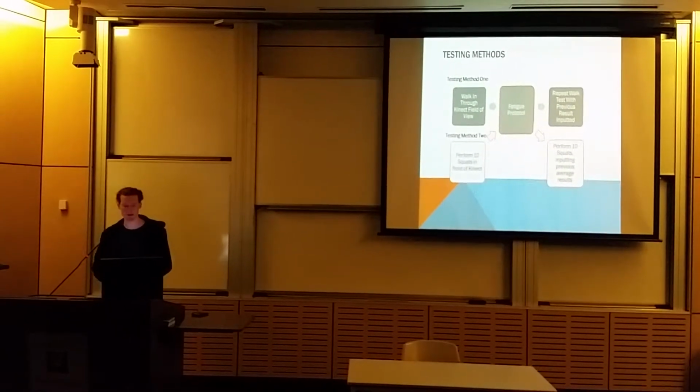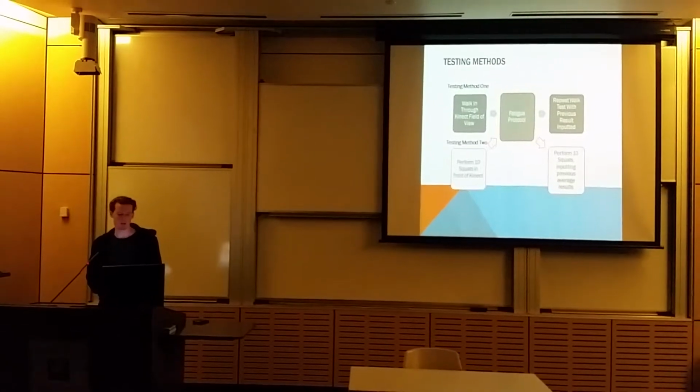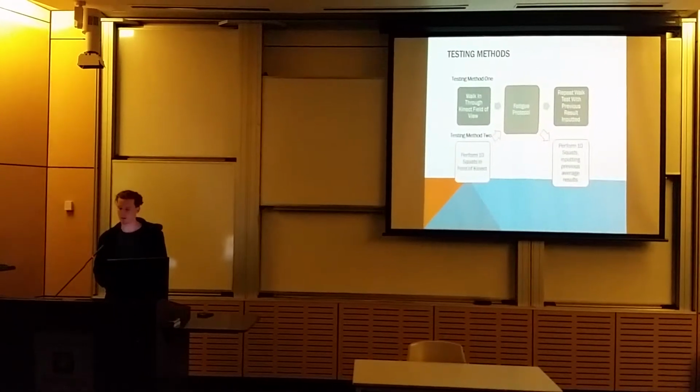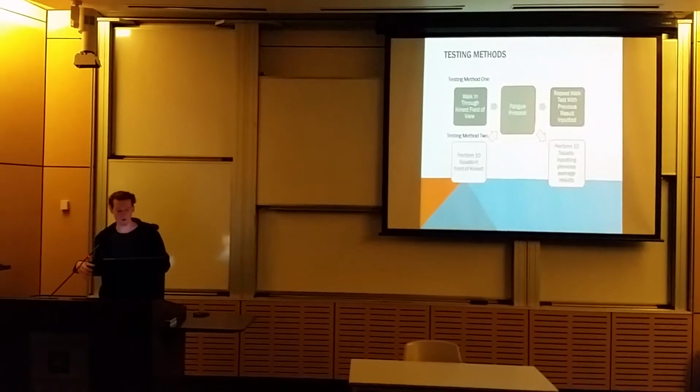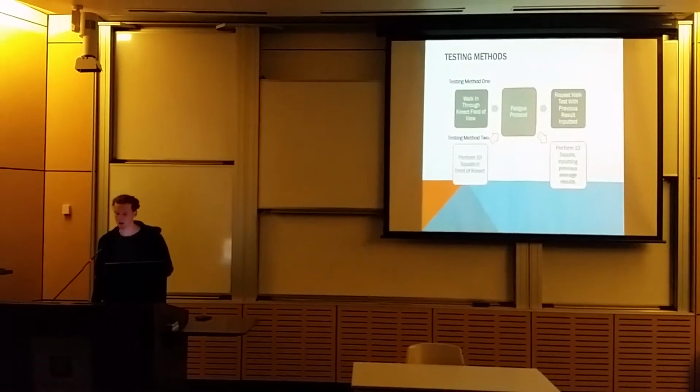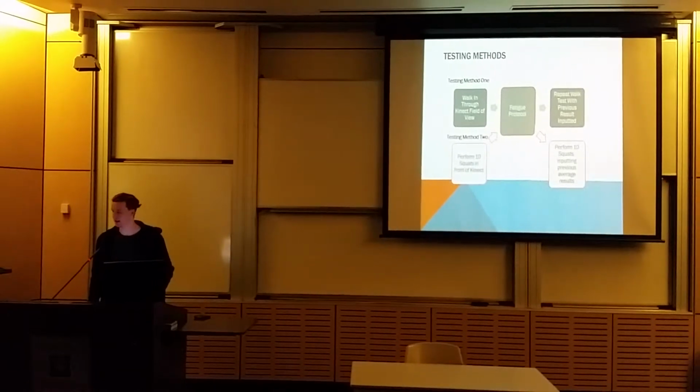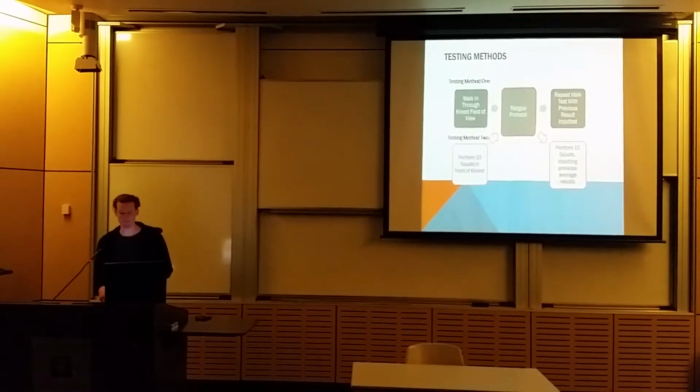So we've used two testing methods to get our results. The first method has the patient walking through the Kinect field of view. The Kinect would be on a 45-degree angle, and they walk straight ahead through it.